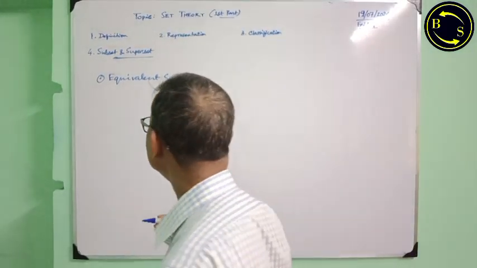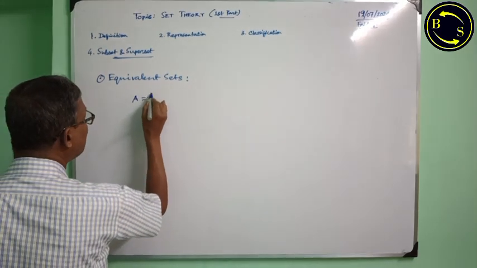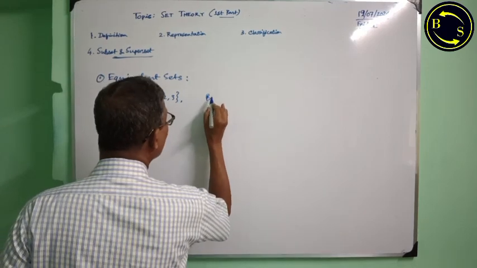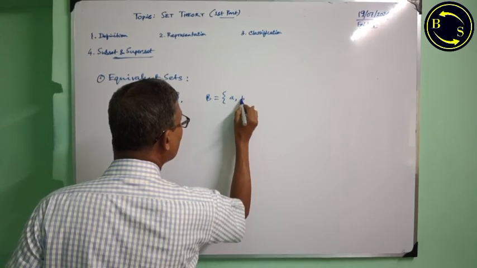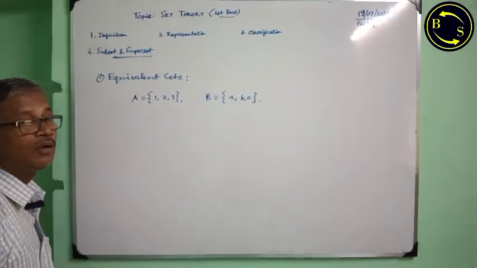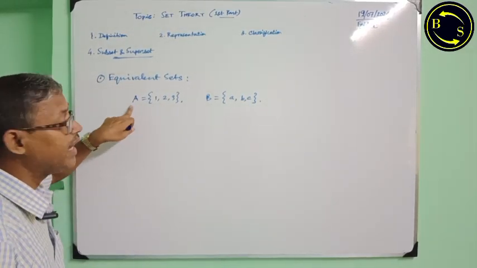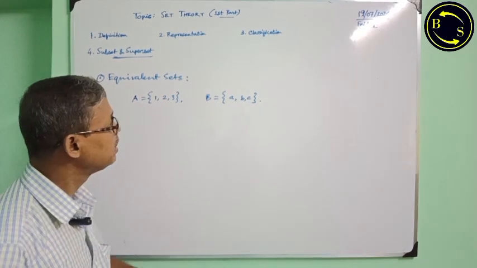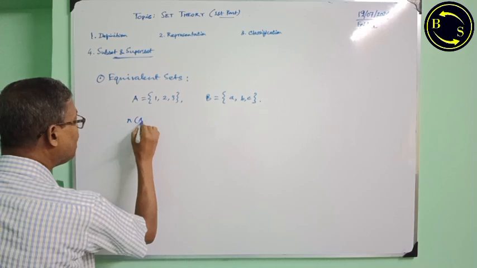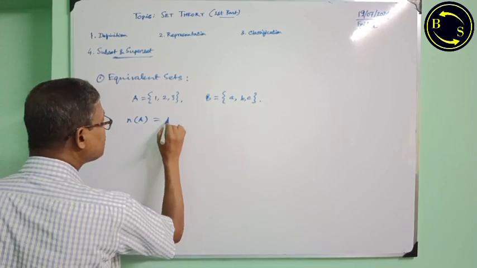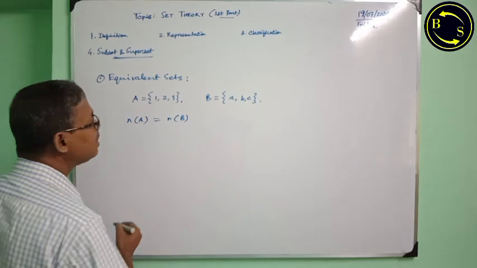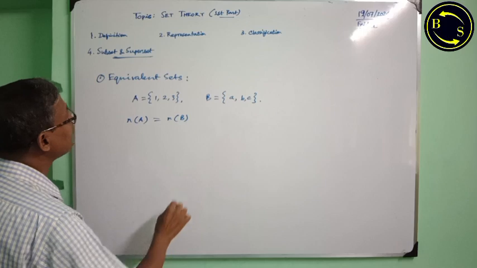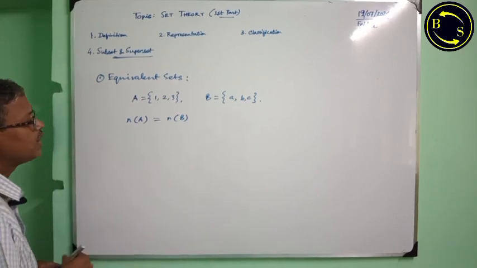We take an example, A. What we find: the number of members of set A is 3, the number of members of set B is also 3. That means n(A), the cardinal number of set A, is equal to the cardinal number of set B. But the elements are different, therefore these two sets are equivalent sets.